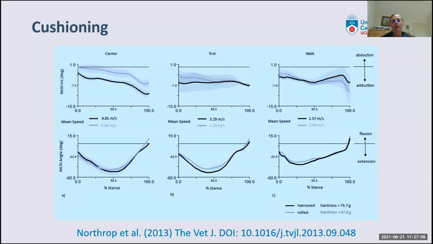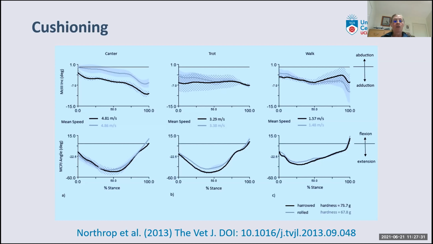If we look at the zero line, below the zero line we have adduction, in other words the limbs swinging in more. Above the line we have abduction, which means it will be swinging out more. And then the bottom graphs relate to the angle of the fetlock joint.